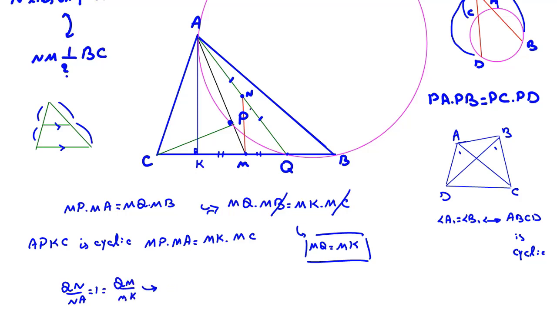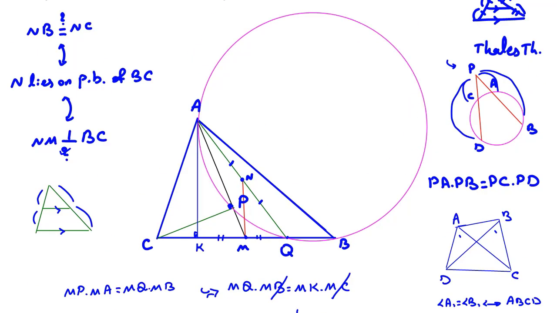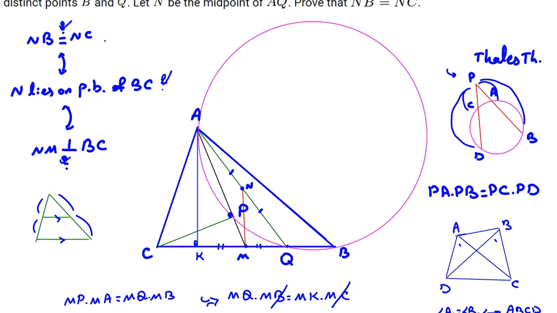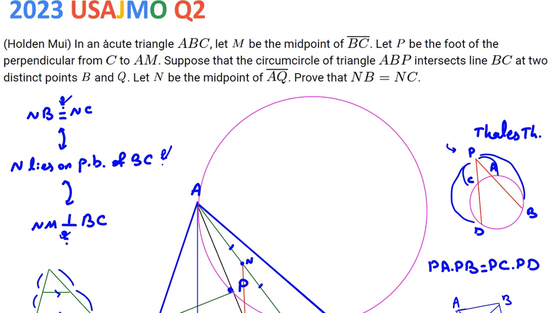So we conclude that MN is parallel to AK. We know AK is perpendicular to BC, so we conclude MN is also perpendicular to BC. And it was the thing that we wanted to prove, so this part we've proved. So this part is okay, and we've proved that NB equals NC.